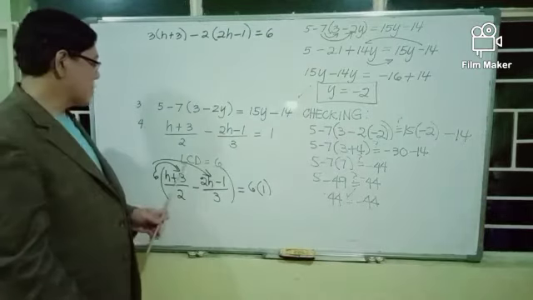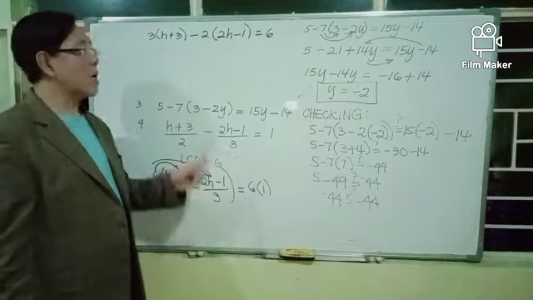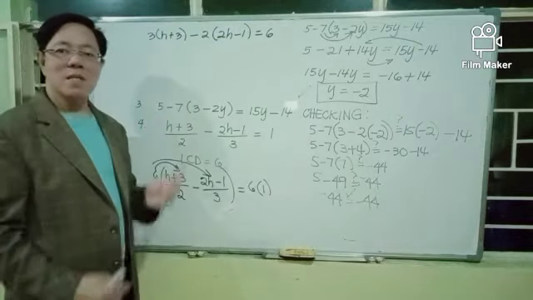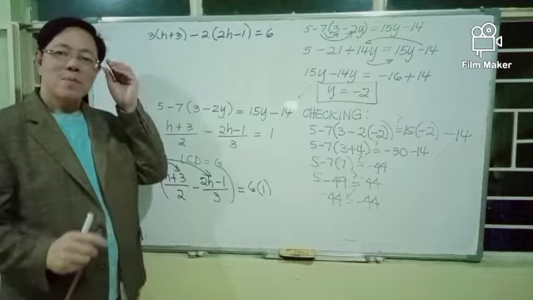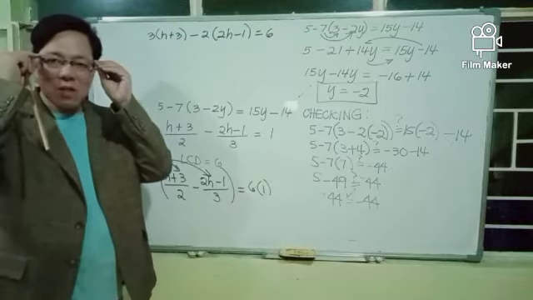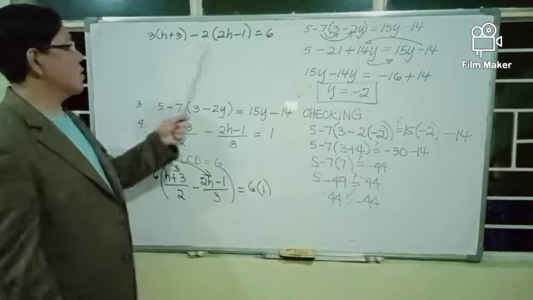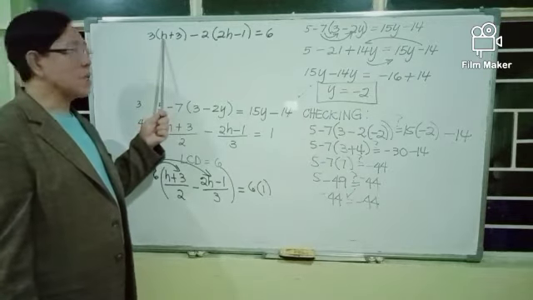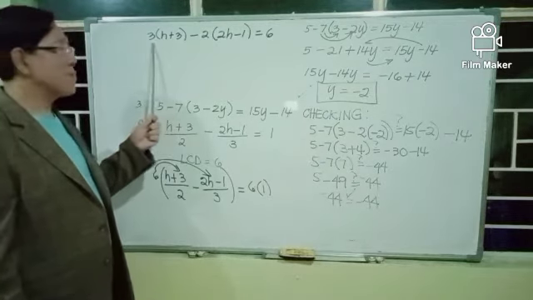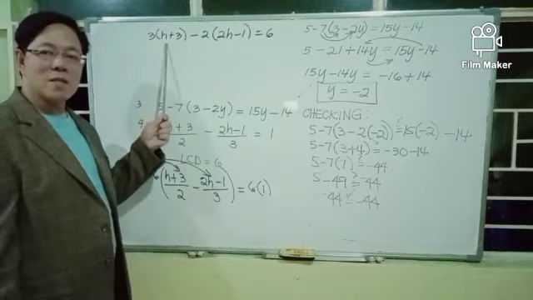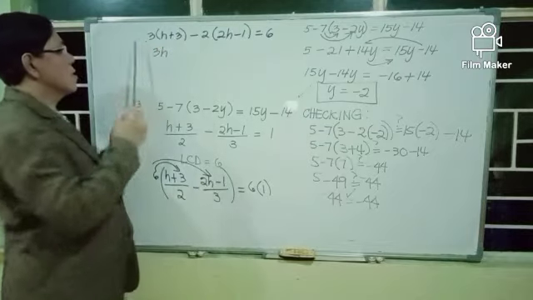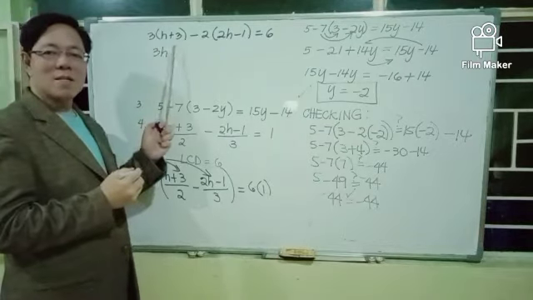Now we have removed the denominators 2 and 3, but we now have grouping symbols. But they can be easily removed by using the property of multiplication over addition or subtraction. That means we multiply each term of this binomial by 3. 3 multiplied by h is 3h. 3 multiplied by 3 is 9.